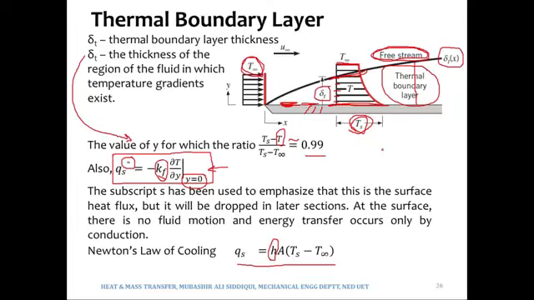Now consider case 2, where we have the same plate at the same temperature of 100 degrees Celsius and the same fluid, which is air, at the same temperature of 30 degrees Celsius, but with a different velocity, of, let's say, 5 meters per second. Previously it was 1 meter per second, in case 2 it is 5 meters per second. So the plate is the same at the same temperature, the fluid is the same at the same temperature. The only thing that varies between cases 1 and 2 is the velocity of the fluid.